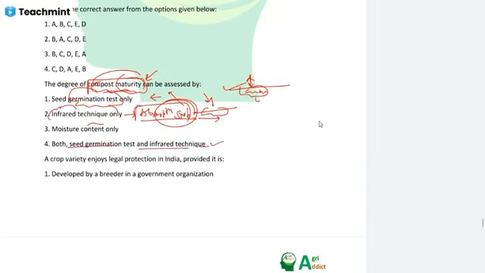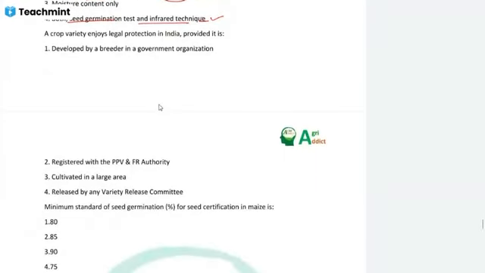Okay, so we'll move further, and the next question says the crop variety enjoys the legal protection in India provided it is. Can you just answer this question? Okay, Anchal is answering it as 1.